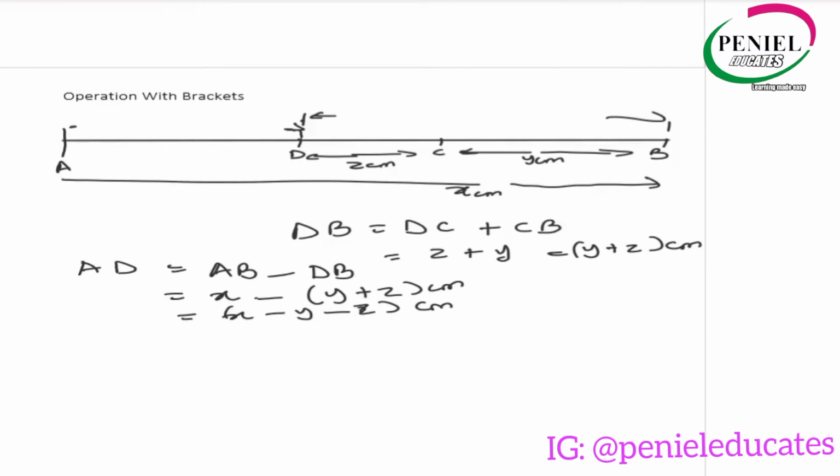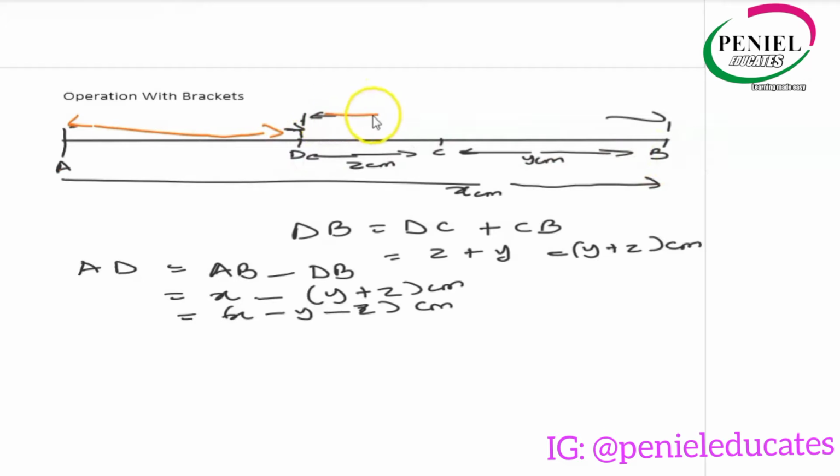Now let's look at this. We are given a line now, so let us look at our line AD here. If you want to find our line AD, which is from here to here, from here to here this is AB. So our line AD, from A to D, will be AB minus DB.